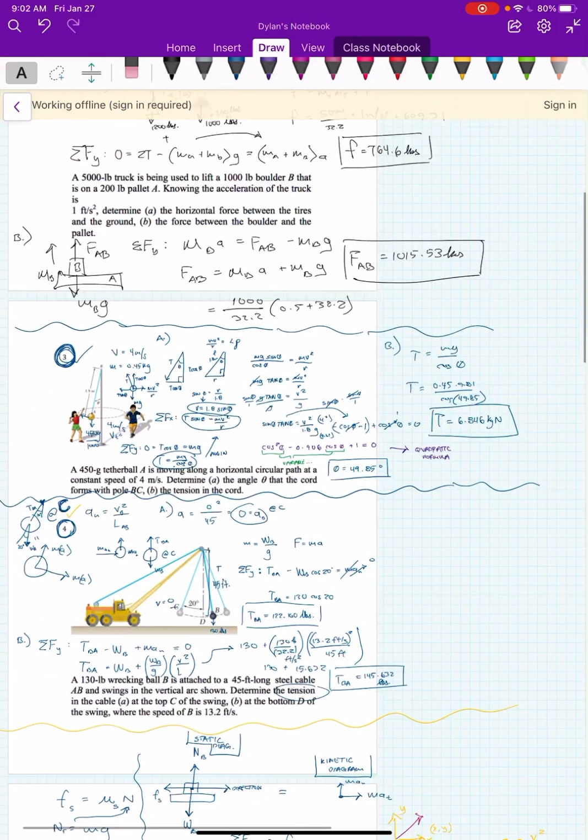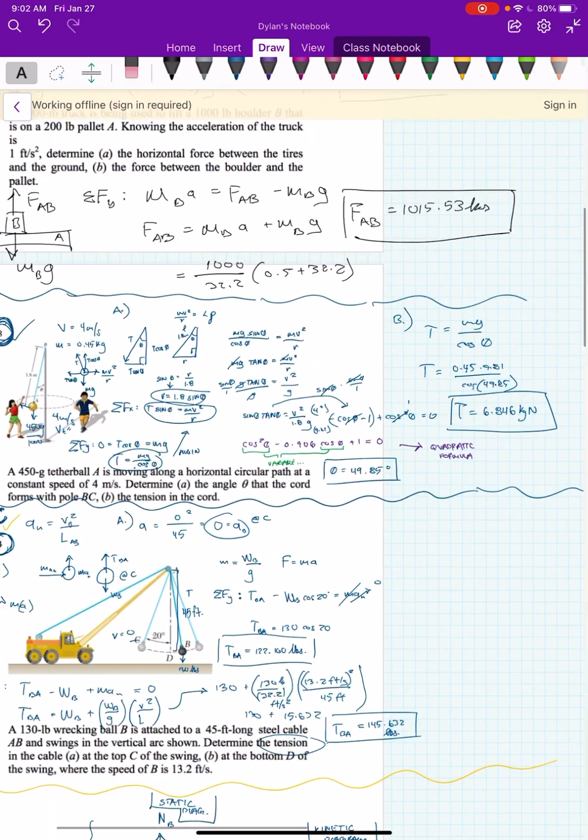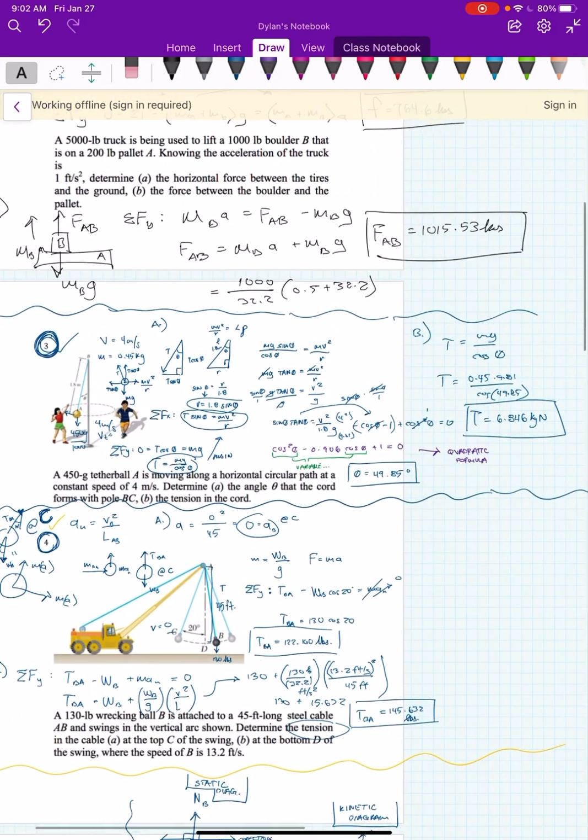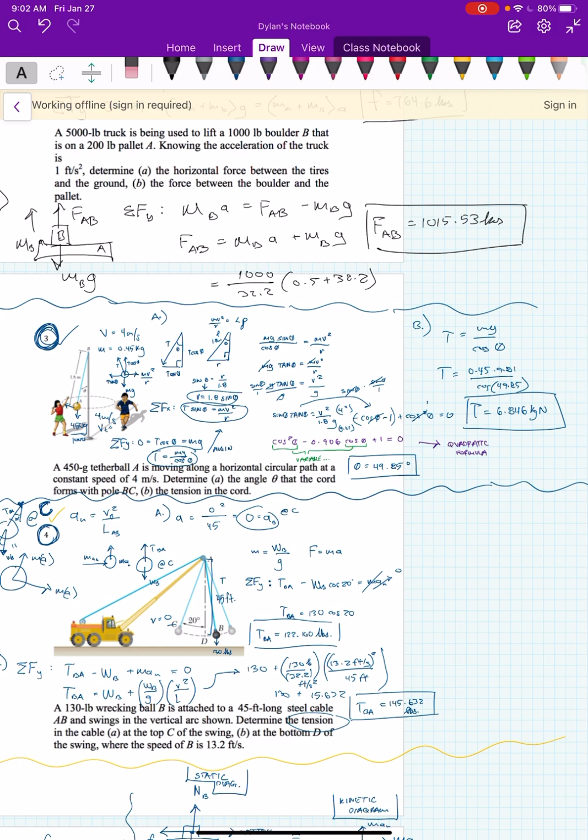And this one took me forever to figure out because I didn't know that you could use a sine or cosine or another factor as a quadratic formula for the variable. So then I just plugged that in and got my theta.